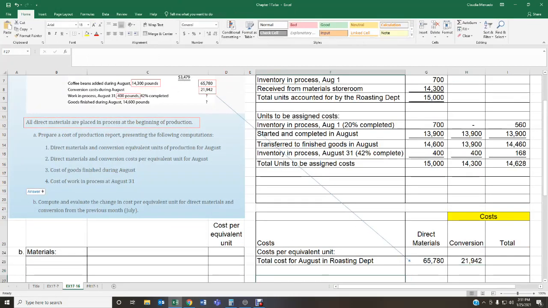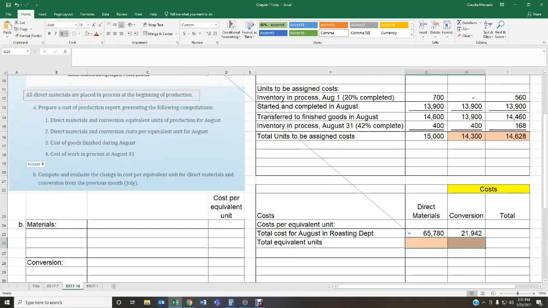Okay? So that these numbers are coming from up here. Okay, so now I'm going to get my total equivalent units. Okay. Now your total equivalent units are coming from what we calculated over here. So I'm going to highlight these another color. So those are coming in here.